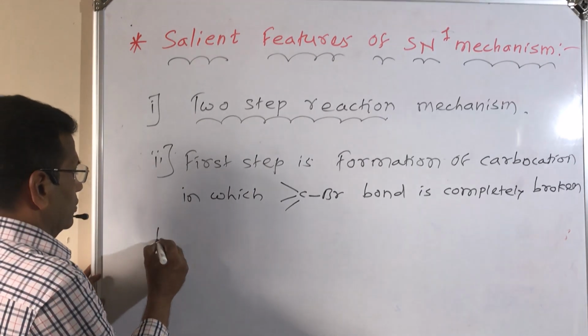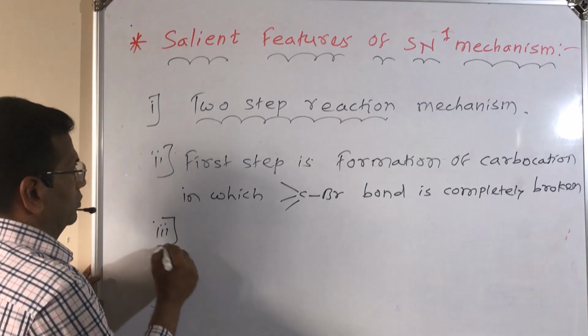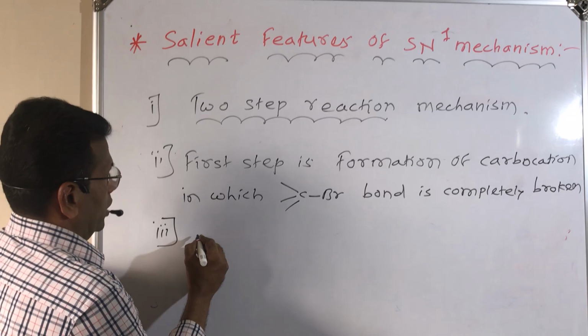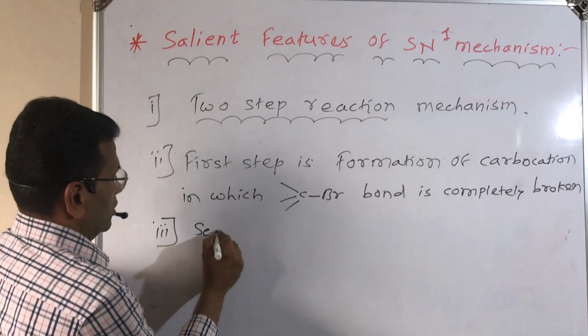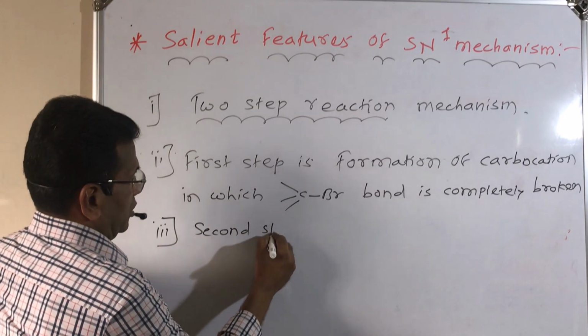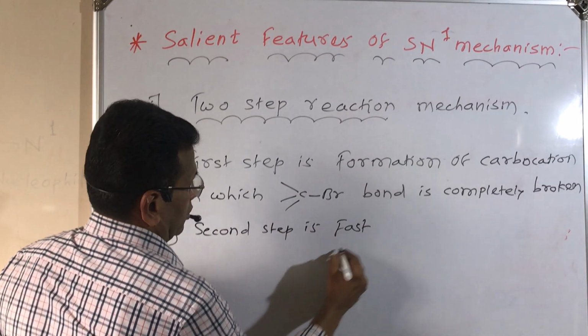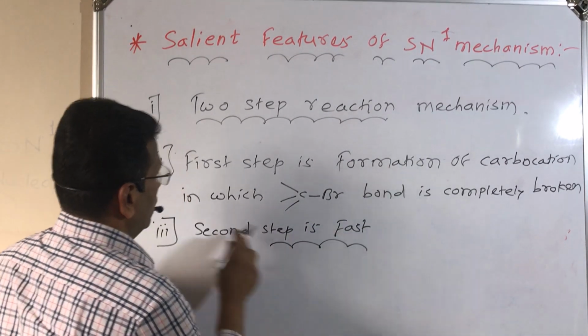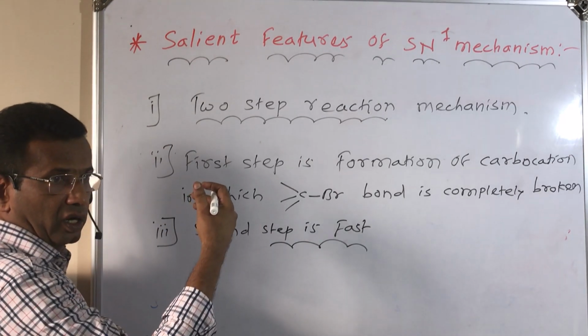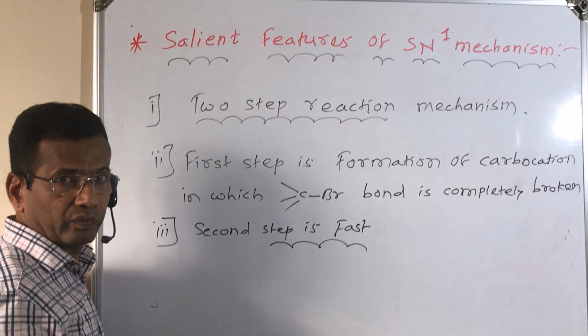Second step is fast. You know, first step was slow, where it is called rate determining step.